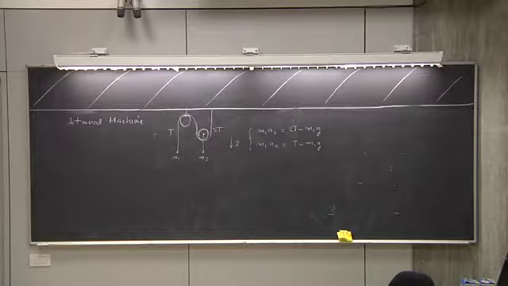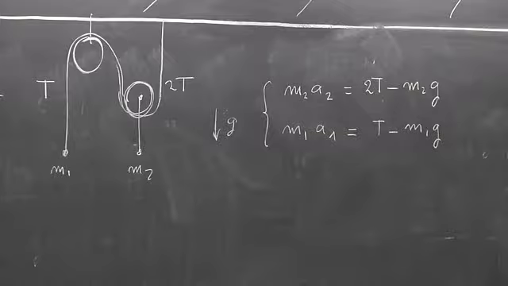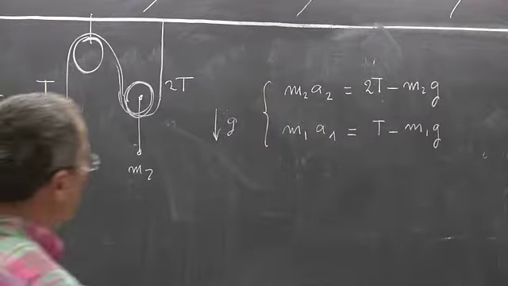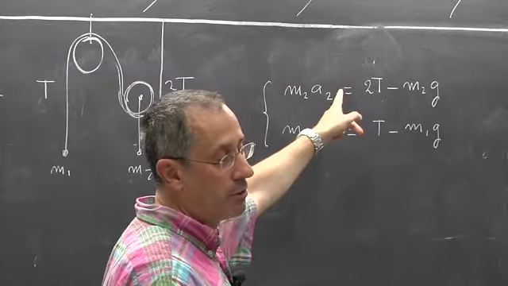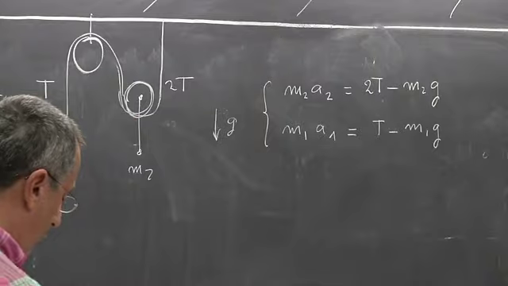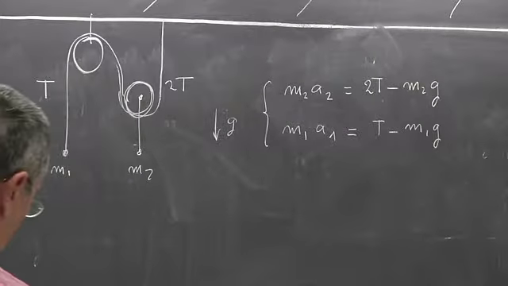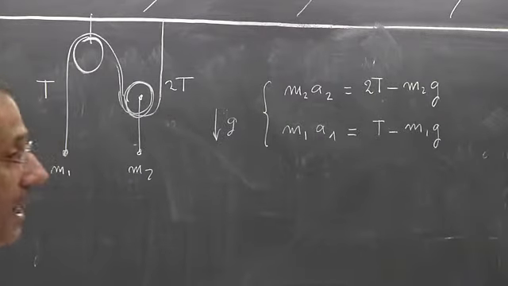So again, I have to ask myself, how many unknown quantities do I have? And you see that you have 1, 2, and 3. And again, you are short of one equation, so you have to figure out where that equation comes from. Any idea?